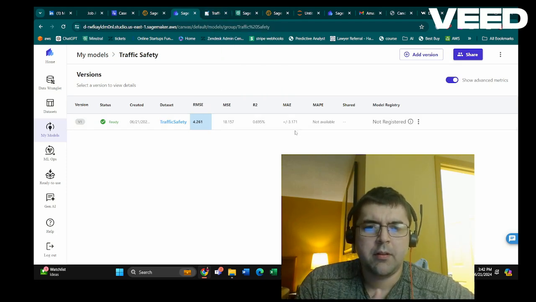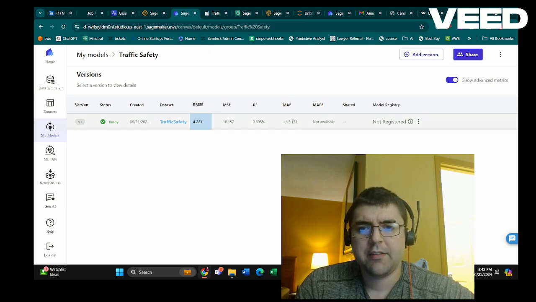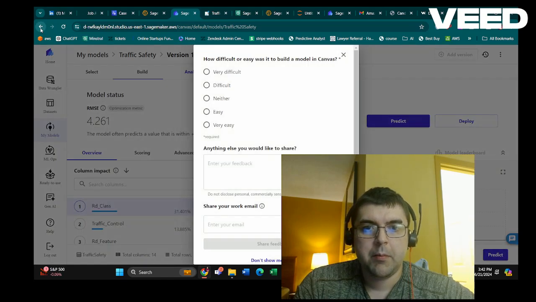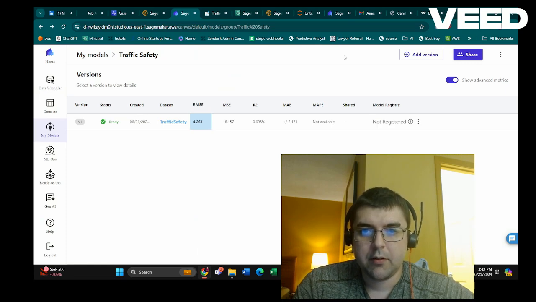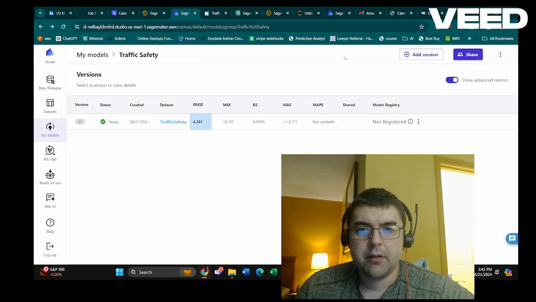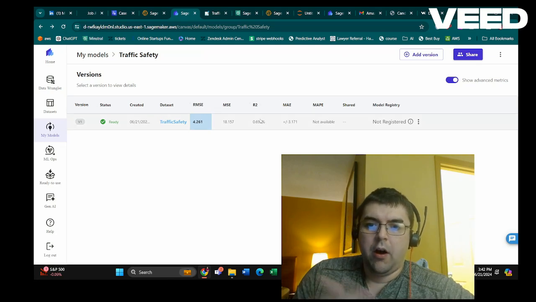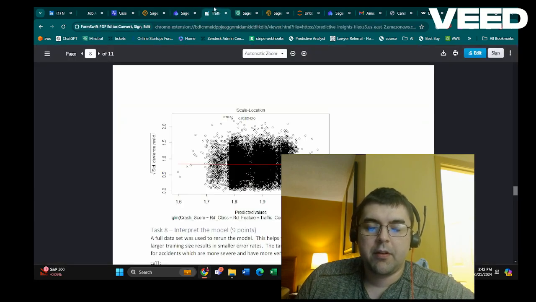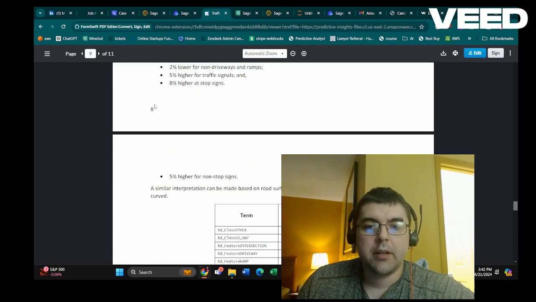Well, it's a lot easier to actually understand the mean absolute error, which is 3.17, or R squared, which is about 0.695, or 70%. So 70% of the variation in the crash score is explained by the model.